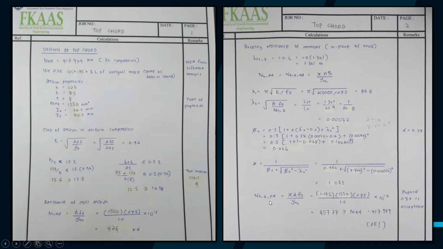So the MbRd, x A Fy per gamma M1, we calculate, then we get 457.37, which is greater than NEd, which is 417.979. So the proper size is acceptable. So it's okay for the top chord calculation. So thank you.